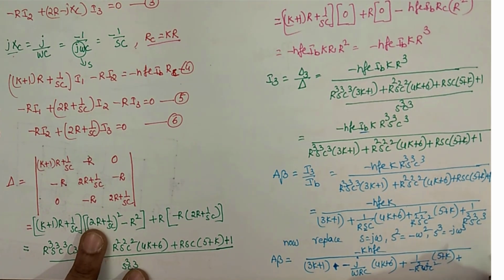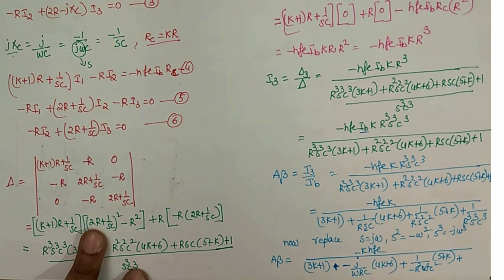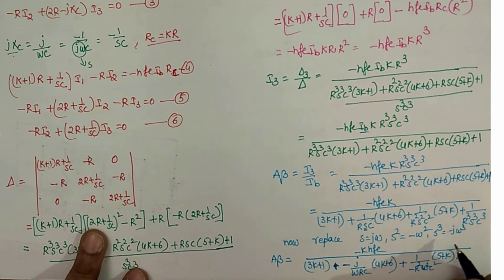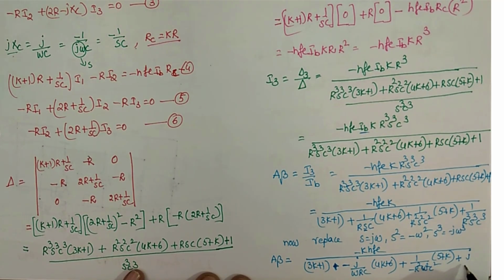What is the next term? S cube is minus J omega cube. Now again multiply and divide with J. So the denominator consists of J square again. J square is minus 1. Already you have this minus. So it becomes plus. So totally it is J by R cube omega cube C cube.